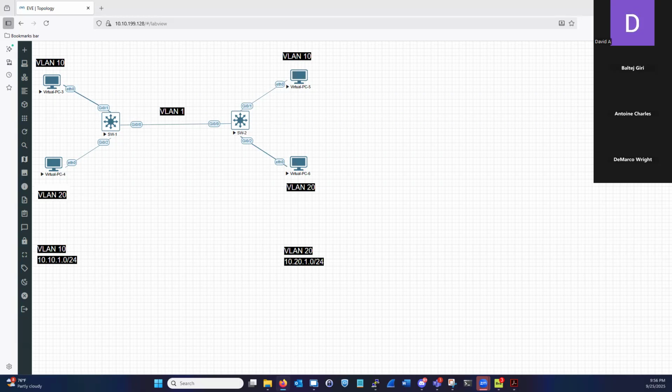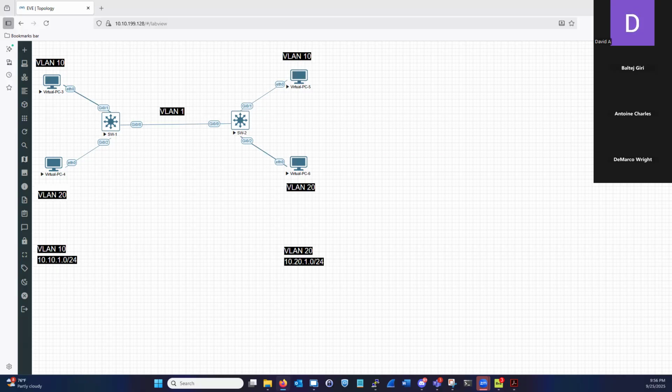And with that trunk, like you guys learned in chapter 8, when frames are traversing the trunk, we have to implement the methodology of VLAN tagging. This is where the switch would start tagging frames. It wouldn't tag frames just because they came in through a port.